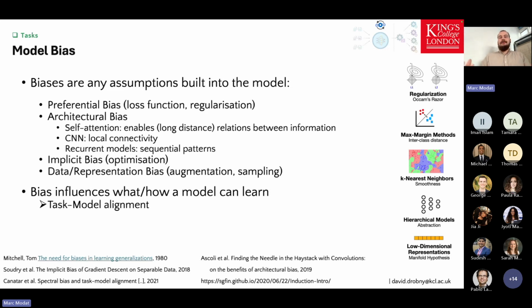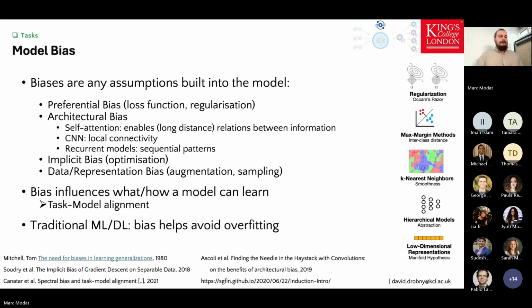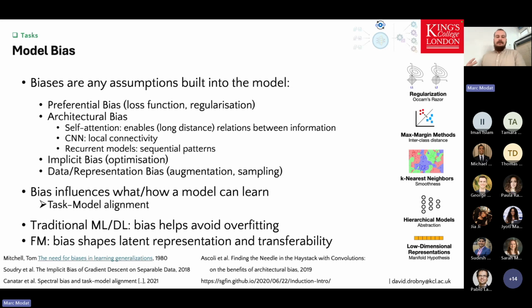So certain things just don't match well together. And overall, you could say that in traditional machine learning, bias helps avoid overfitting, whereas now, when dealing with giant foundation models, assumptions in our bias shape the way we learn our representations and how they impact transferability.